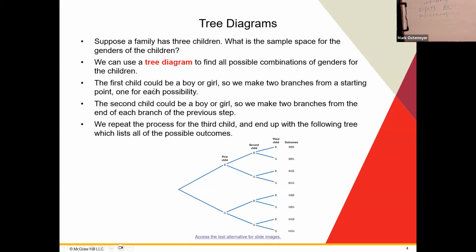The first child could be a boy or a girl, so we make 2 branches from a starting point, 1 for each possibility. The second child could be a boy or a girl, so we make 2 branches from the end of each branch of the previous step. And we continue to repeat this process as long as we have children.